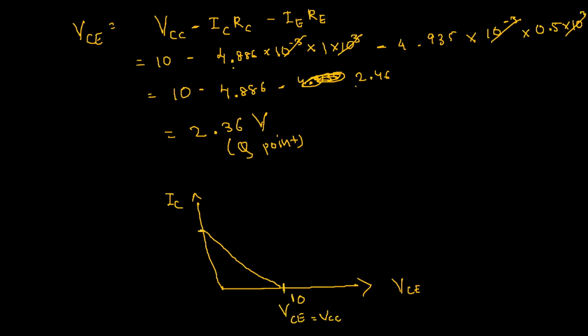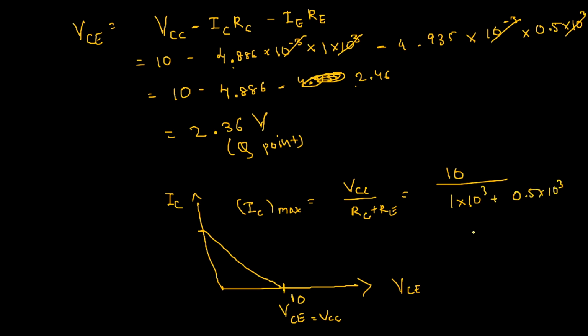And the Y intercept is given by IC max is equal to VCC divided by RC plus RE. VCC is 10 volt, RC is 1 into 10 to the power 3, and RE is 0.5 into 10 to the power 3.